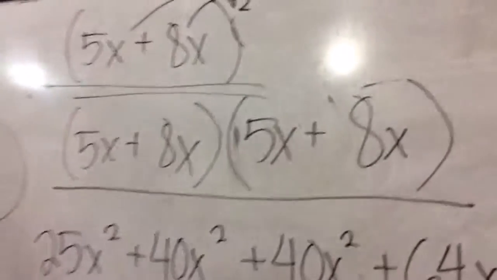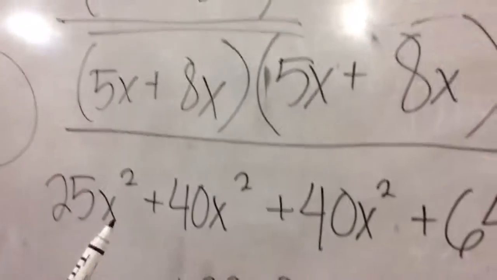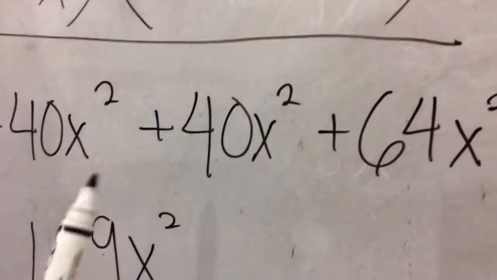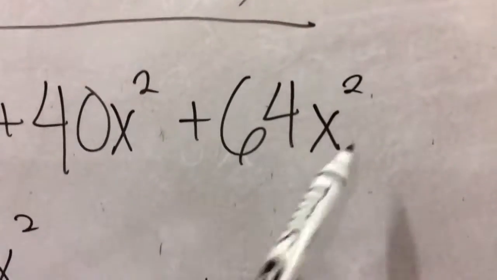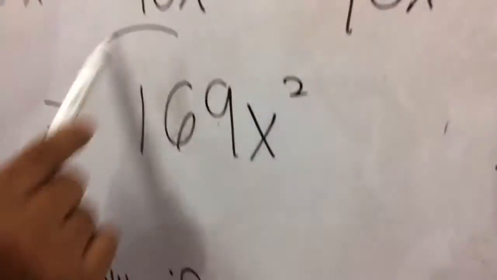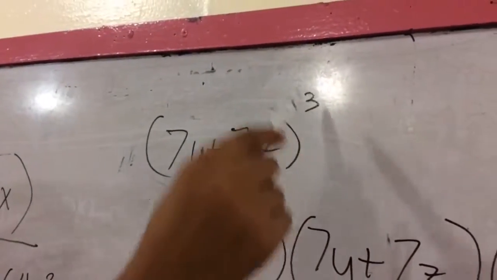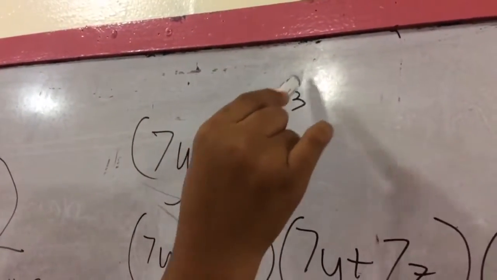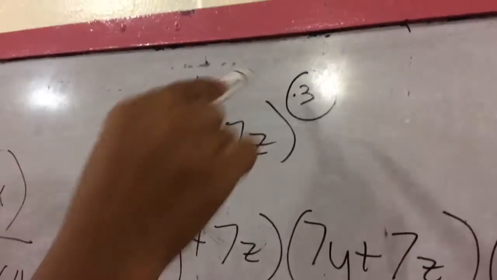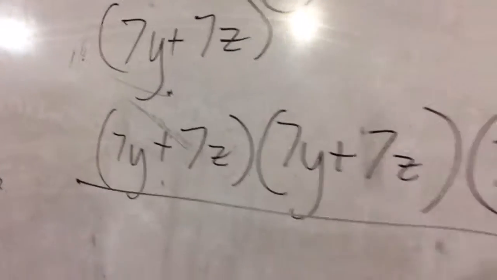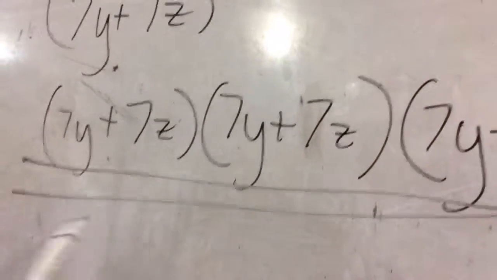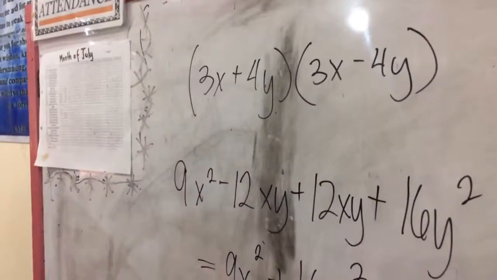This, and the answer is 25x squared plus 40x squared plus 40x squared plus 64x squared is equal to 169x squared. And if it's raised to 3, you cube it like this. Same goes for 4, 5, and 6, etc.